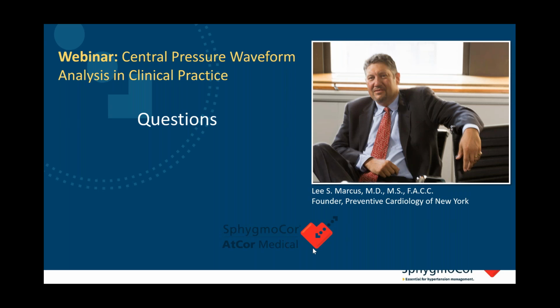And really, the machine measures three sequential blood pressures several minutes apart, and then it measures the central arterial waveform. The report is printed out. I can hand out an explanation to the patient of what the report means with their numbers so they can take it to their primary care doctor, because a lot of primary care doctors are not really aware that this technology exists, and it doesn't slow down my patient flow at all.